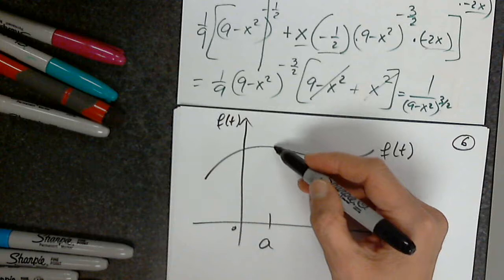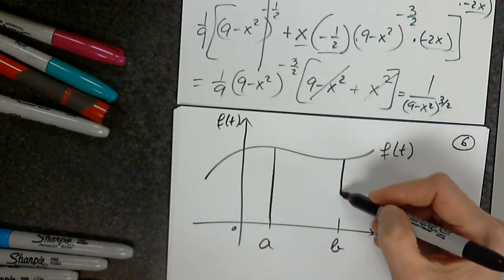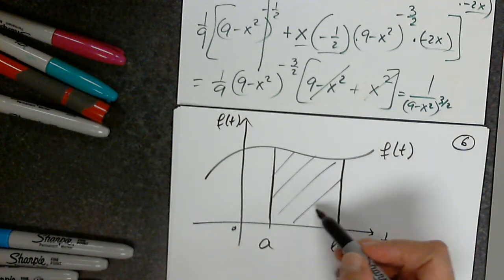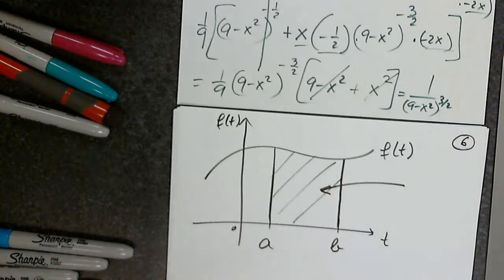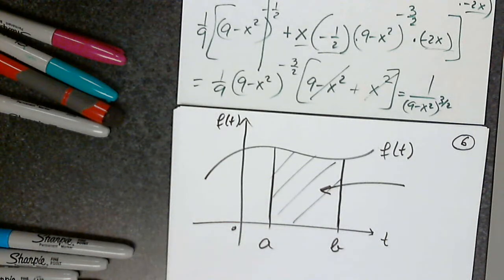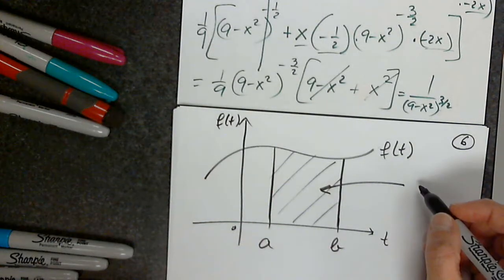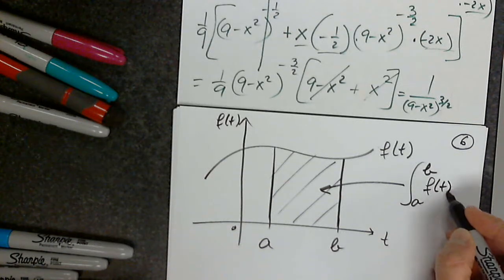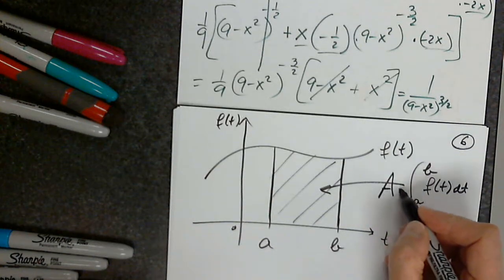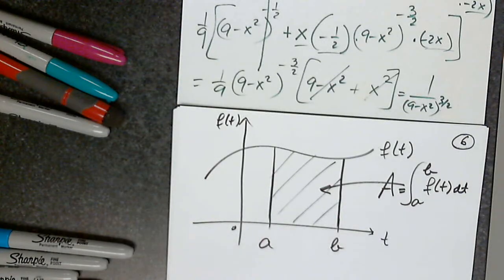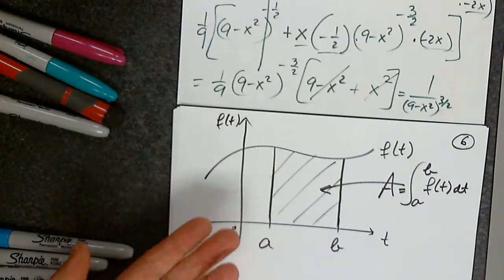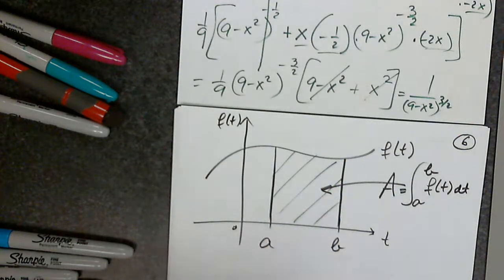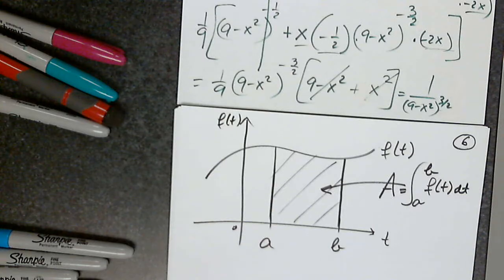Now, can anyone tell us what this is and how you will write it? The integral from a to b of f of t dt. And this is nothing else but the area. Would you agree? So I shaded in the area under the graph of f of t between a and b, which will immediately be represented by the integral from a to b of f of t dt.